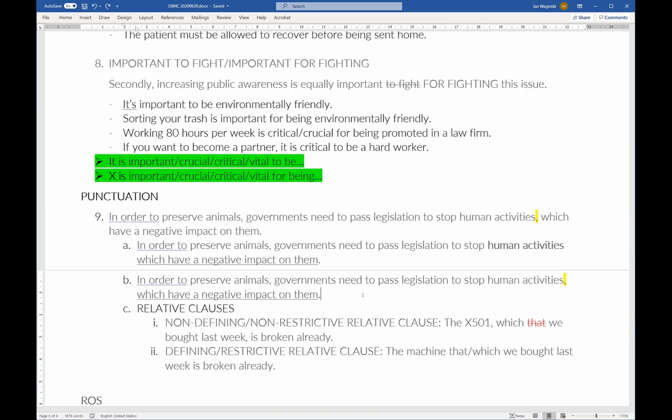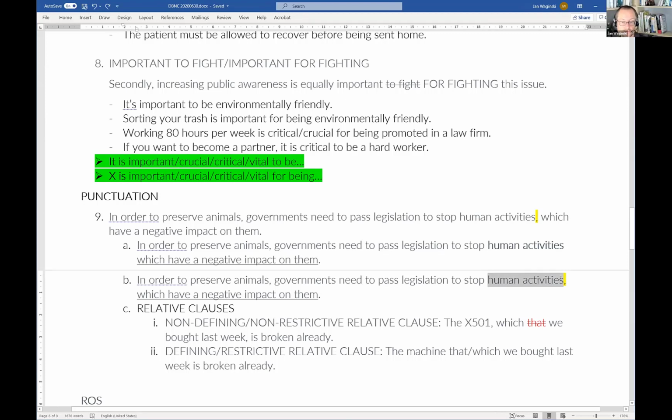So if we replace human activities by hunting, will it be okay with a full stop? You could put, need to pass legislation to stop hunting, comma, which has a negative impact on. Yes. Because let's explain it this way.